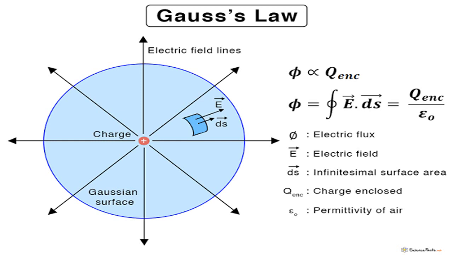However, the direction of the normal to that rectangular plate is at 0 degrees to the field lines. And because it is at 0 degrees to the normal, electric flux is maximum.